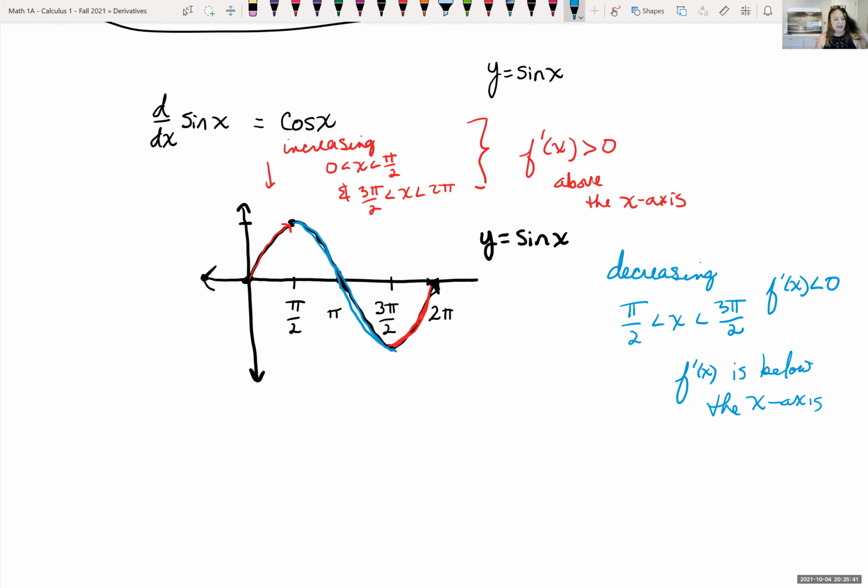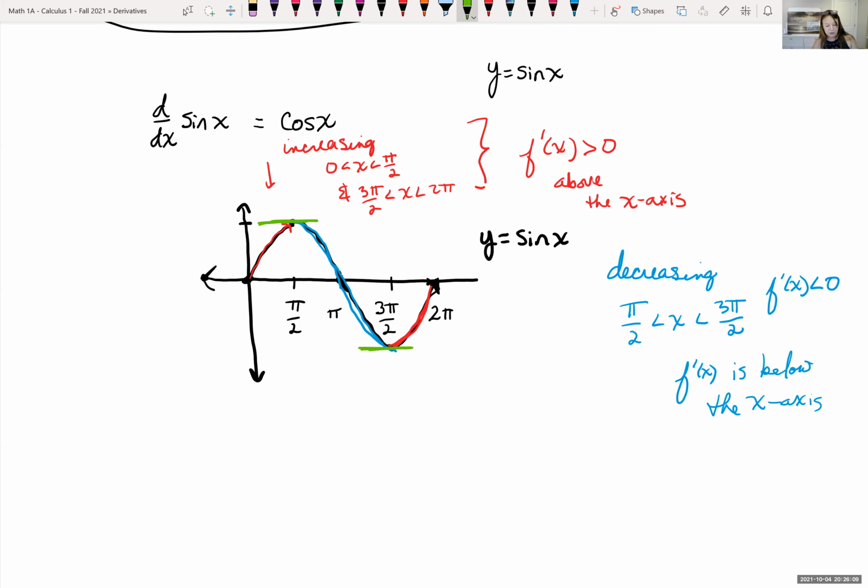Another thing that helps us graph the derivative function is to find where the function has a max or a min, or where the tangent line is equal to 0. The slope is equal to 0 when our tangent line is horizontal. Our tangent line is horizontal at max and min values that aren't cusps or sharp corners, since those aren't differentiable.